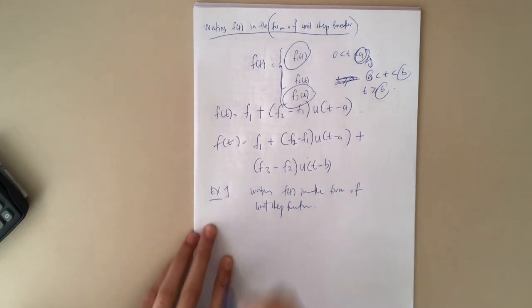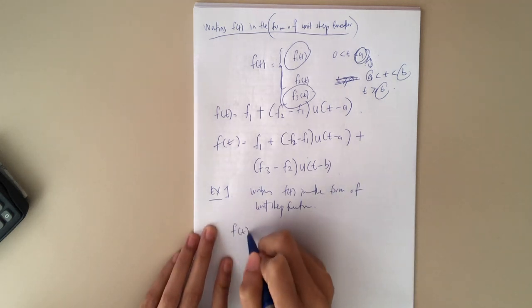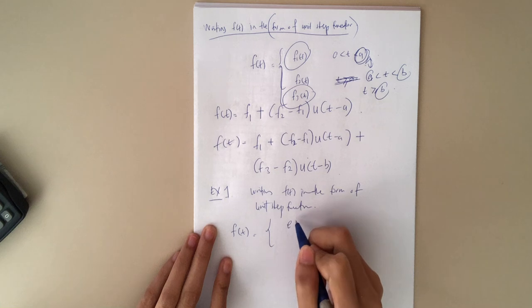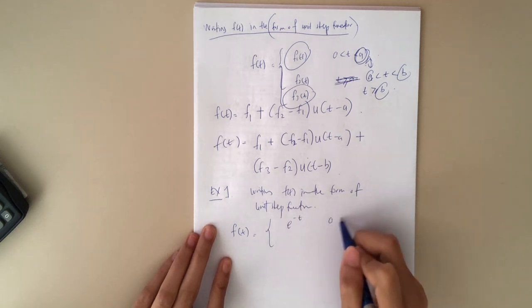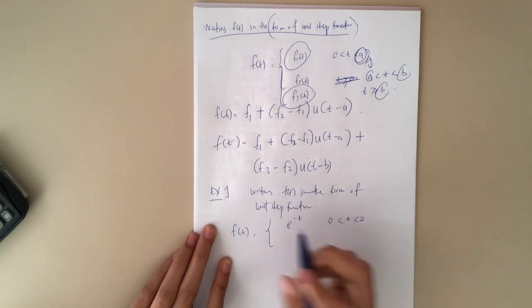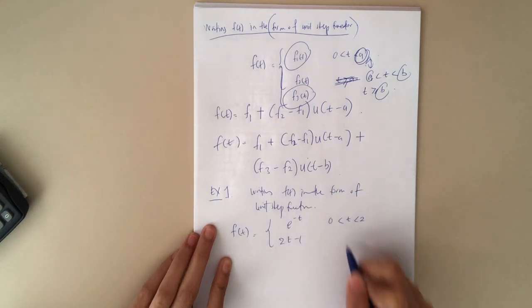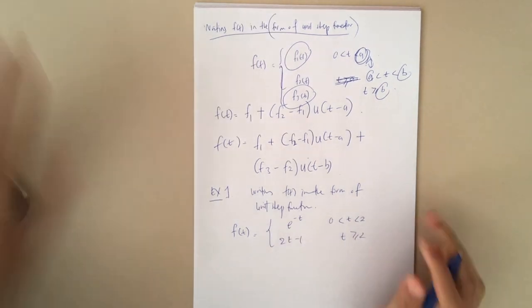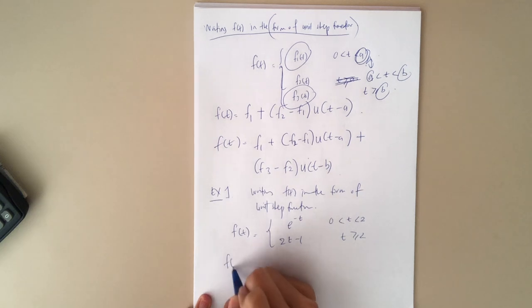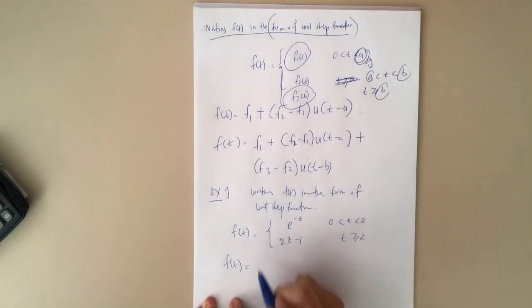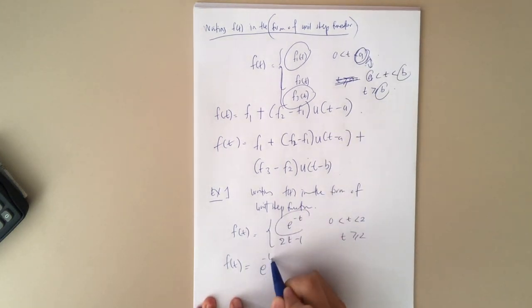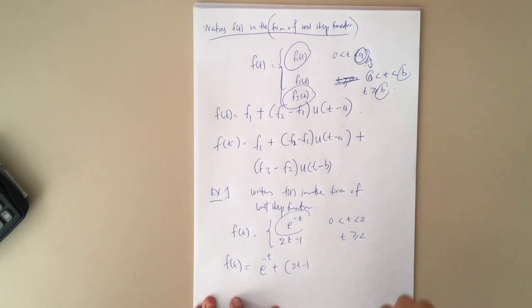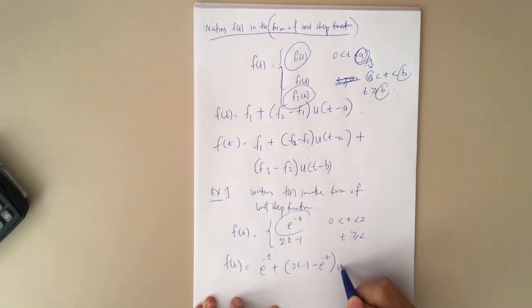Alright, let's say you have a function like this. f(t) is equal to e^(-t) for 0 ≤ t < 2, and 2t minus 1 for t greater than or equal to 2. So how do we write it? f(t) equals f1, what is your f1? This is your f1, plus what is your f2? 2t minus 1, minus f1. What is your f1 just now? e^(-t), times u(t minus 2).